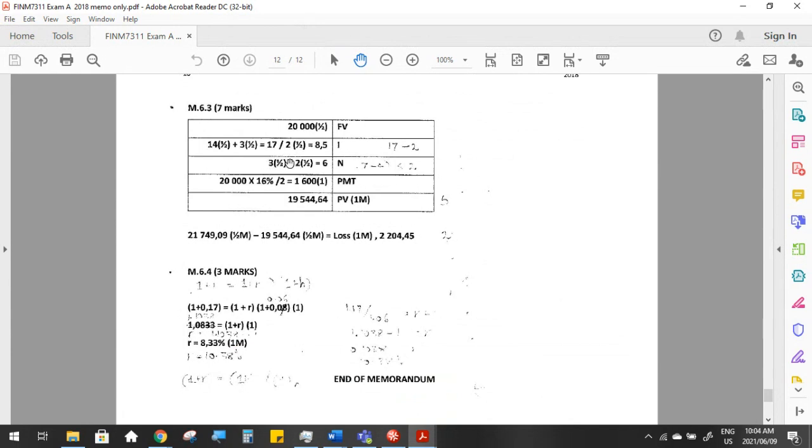So 3 years to maturity multiplied by 2 payments a year. So N is 6. PMT is the identical amount, 1,600 per payment that I receive. And we recalculate the present value to now be 19,544. And then we compare the initial value, 21,749, with its value at the end of 4 years. So he would then make a loss of the difference between the two.